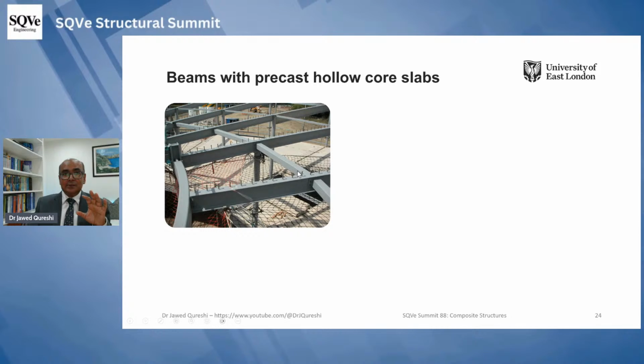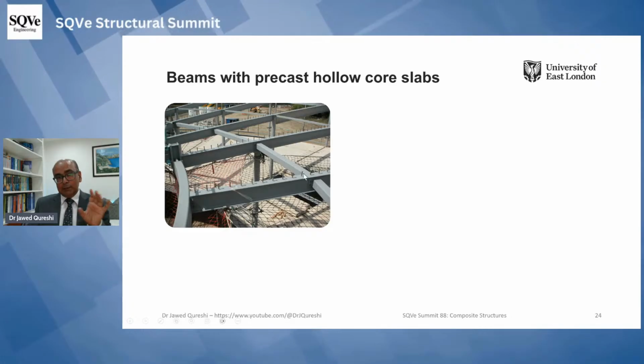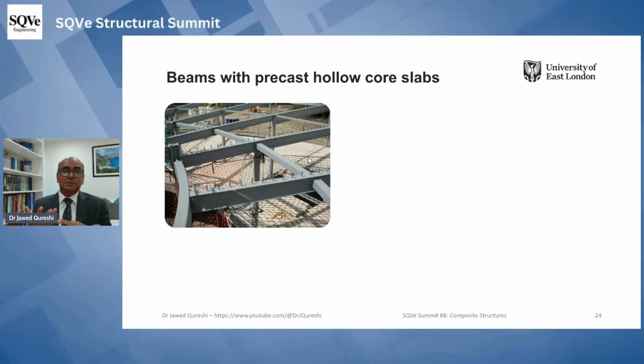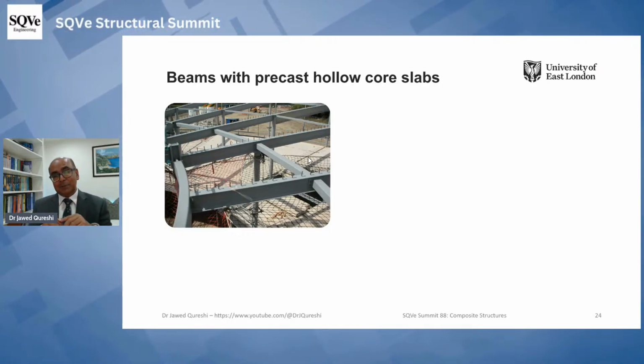So it is not necessary to connect the slab with this beam. Now you would argue, then why do we use this beam? And the answer to that is that we use these beams for structural integrity, structural robustness, and to prevent disproportionate collapse as well, which is another topic which we can discuss at some other point.